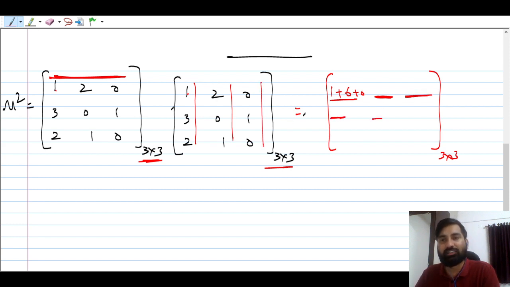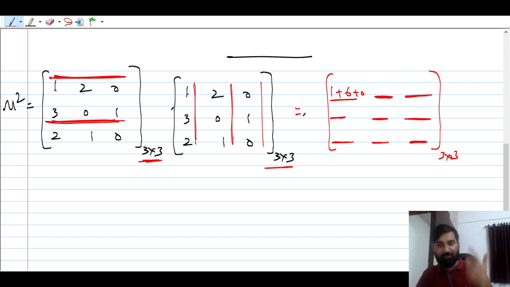Then you take the second row, multiply with the first column, second row with the second column, to get these elements of the resultant matrix. This is the method that everybody knows for finding M square.